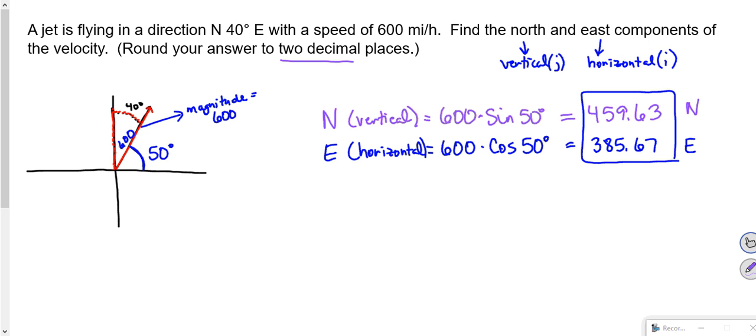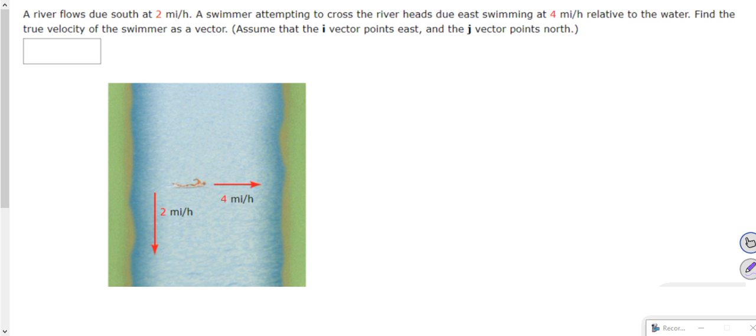Let's move on. The next one says a river flows due south at 2 miles per hour. Now, let me just say here, due south. If you have got your XY axis here, and you are going due south at 2 miles per hour, that is a negative 2j.